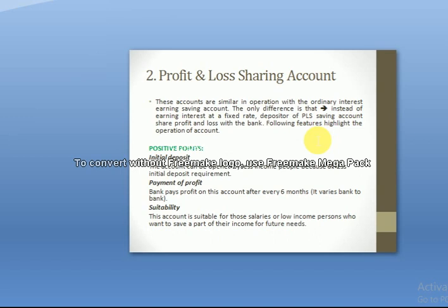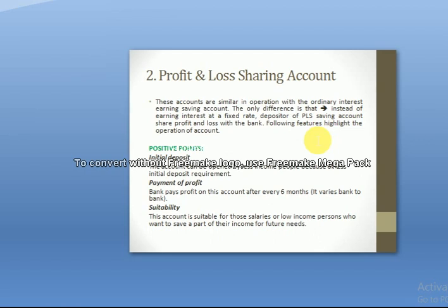So payment of the profit is also one of the positive points. If banks invest their money in different projects, they automatically get regular profit from that, and that regular profit is shared with account holders. This is another benefit.